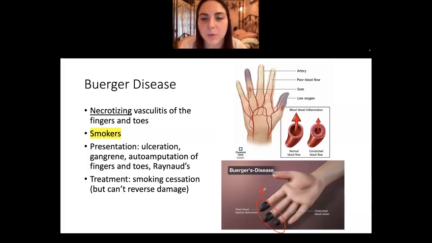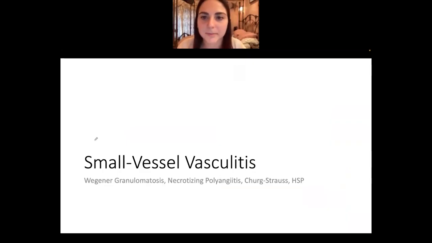So they say treatment is smoking cessation, but it's not for the ones that have already died. That's pretty much it. I've actually gotten questions on Buerger's disease doing practice questions back in the day, and it's very obvious that this is what they're talking about.